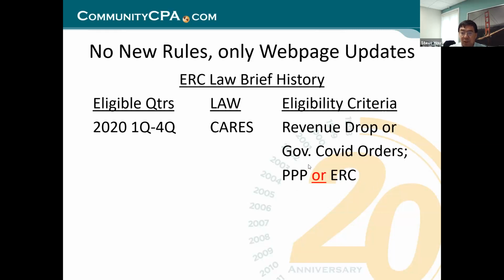You had to pick. Because of simplicity and possibly the bigger amount as well, mainly because of simplicity, I guess, everybody opted to choose the PPP. So in 2020, even though the CARES Act did mention the possibility of making an ERC claim, nobody cared about it because everybody was claiming PPP in 2020.